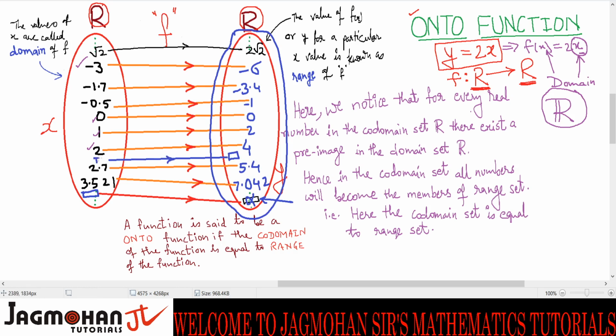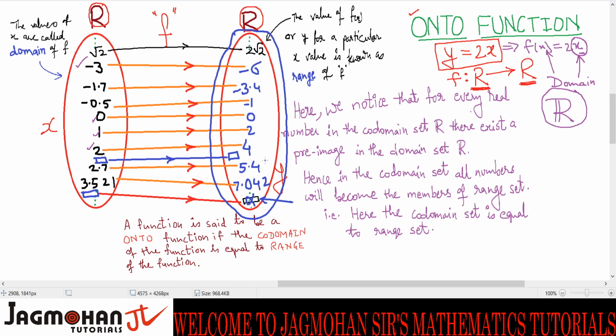So in this codomain set, no element will be left out. In other words, all the elements of the codomain set are used up.